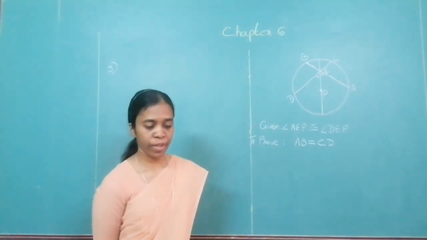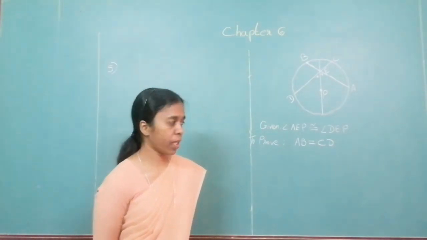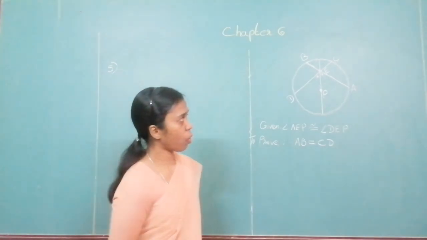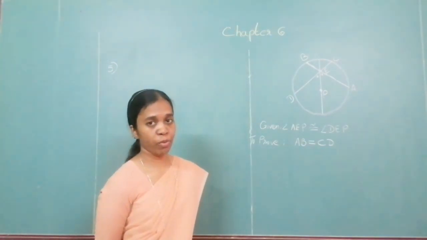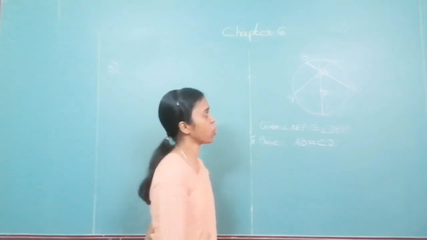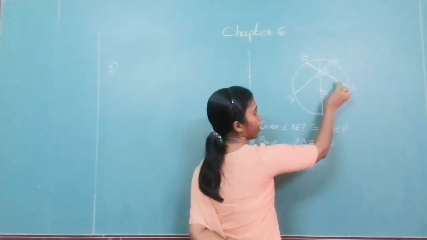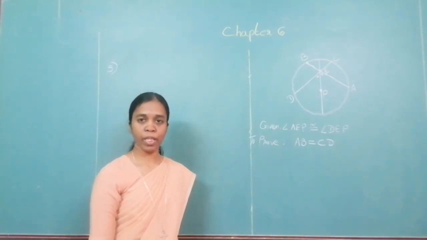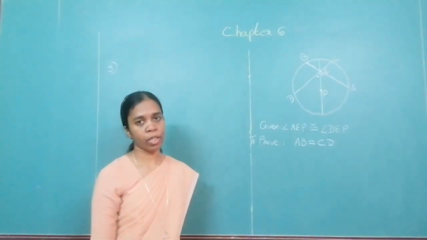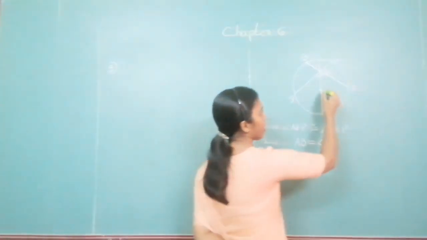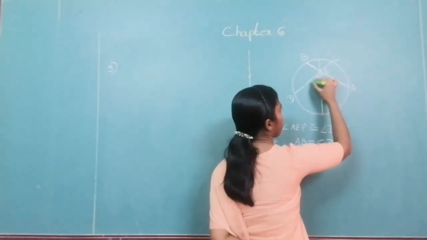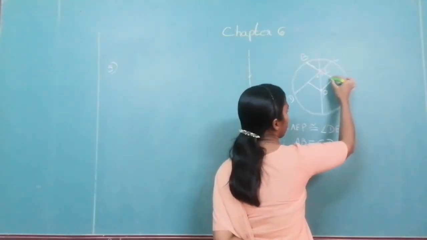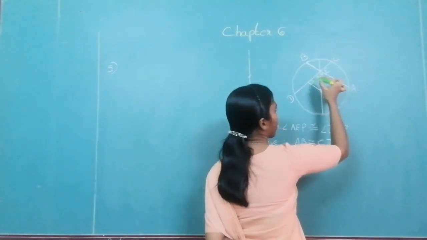Now, we have learned one theorem saying that congruent chords are equidistant from the center. So if we prove that the chords are at equal distance from the center, then we can say that the chords are equal. Now to show that they are equidistant, we have to draw the perpendicular. This is the perpendicular, that means this is 90 degree.